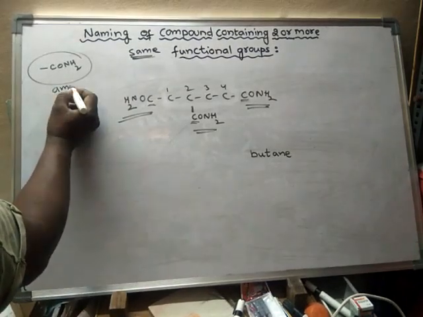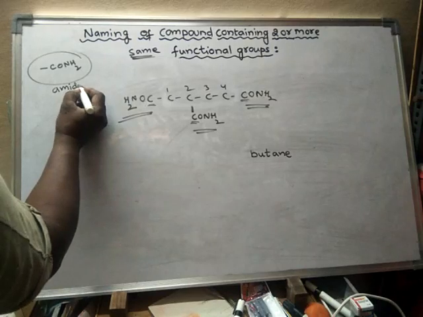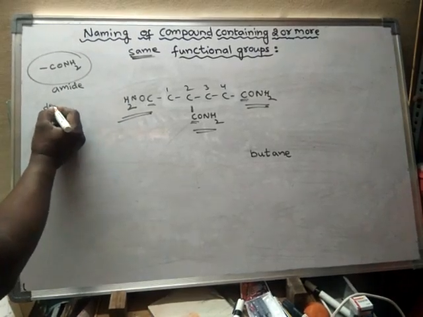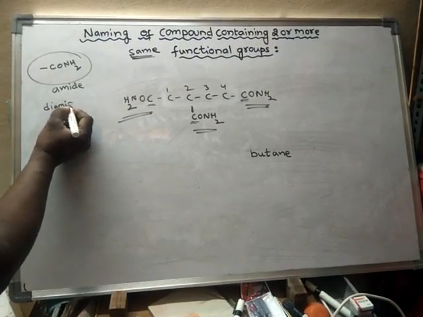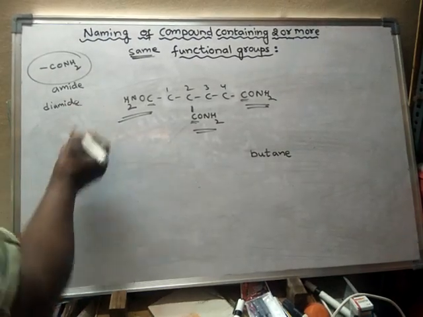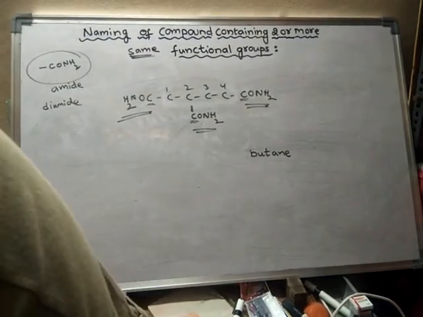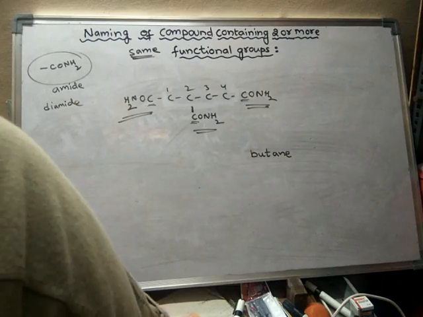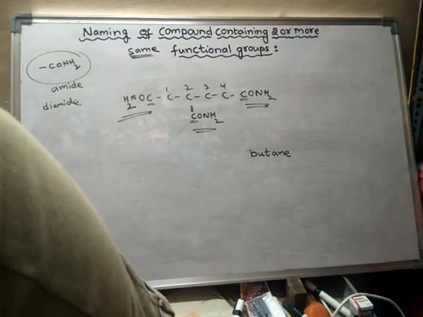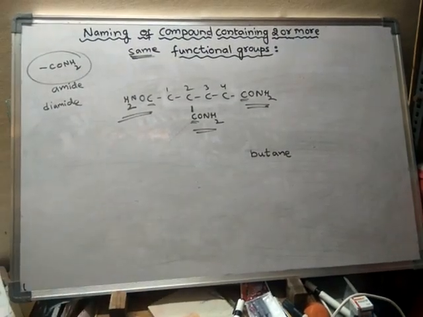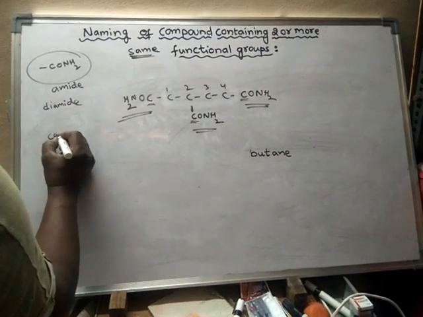If only one CONH2 group is there, it is called amide. If two, diamide. If more than two amide groups are present in the compound, then we have to use carboxamide.